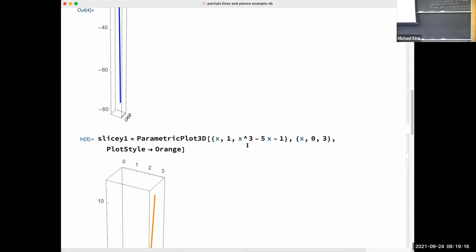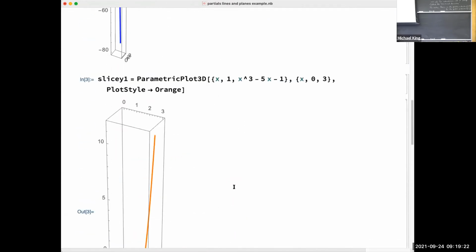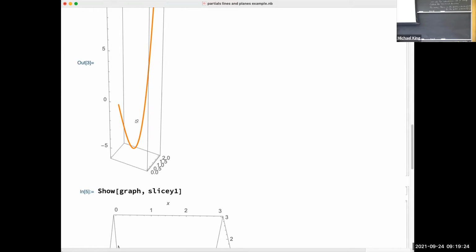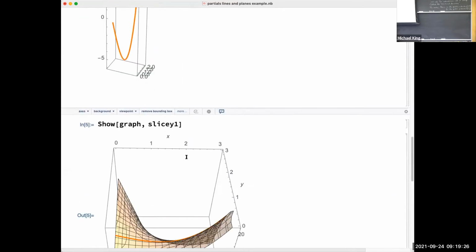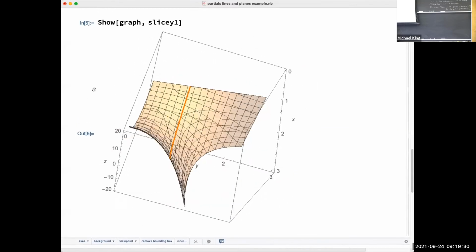We'll go deep into parametric curves later, but that's how I was able to plot this. If I overlay it with the graph, you can really see it lies right in the surface, right?